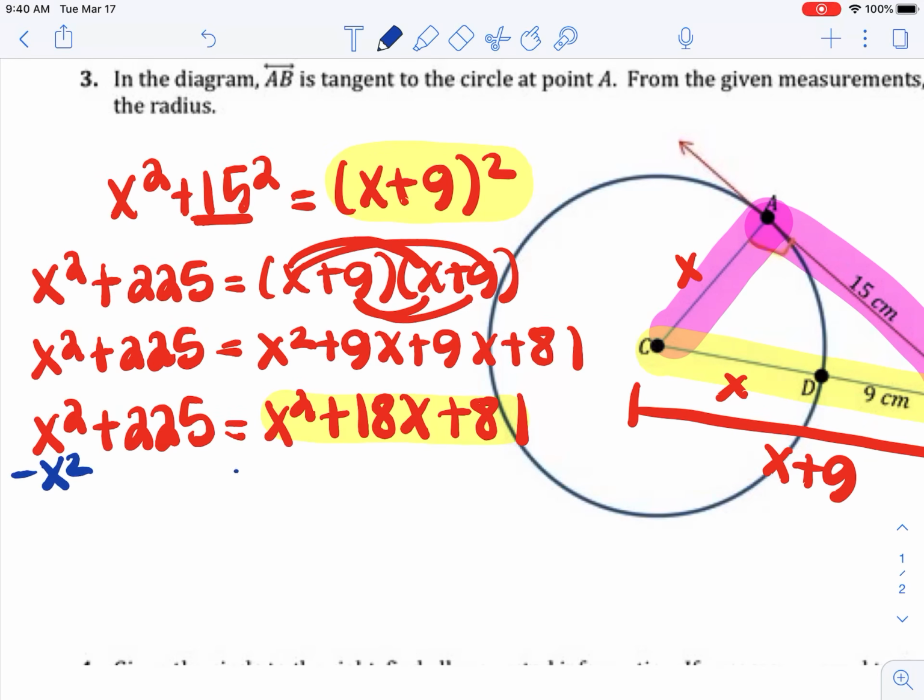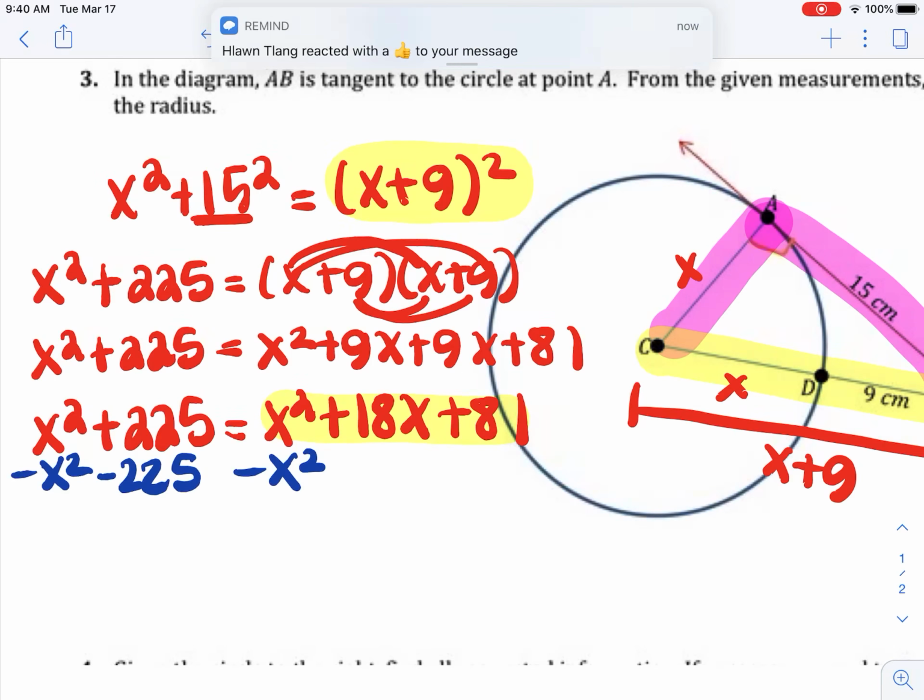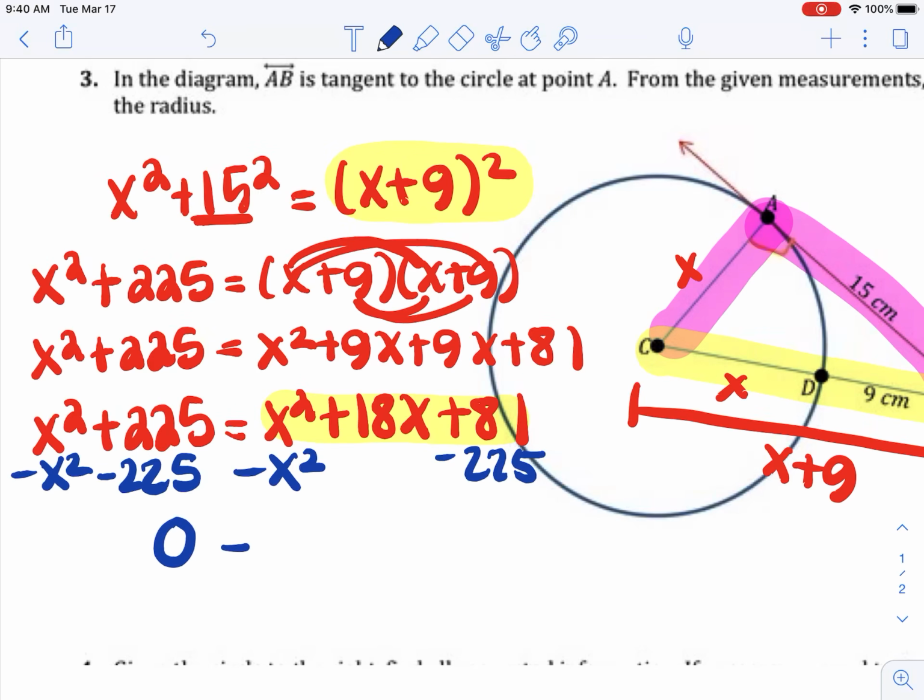So I'm going to start by subtracting this x squared, and I have to do that to this side also. I'm going to subtract this 225, and I'm going to do this also. So now I have 0 equals, this cancels, so now it's not even a quadratic. 18x minus, and then 225 minus 81, so negative 144.